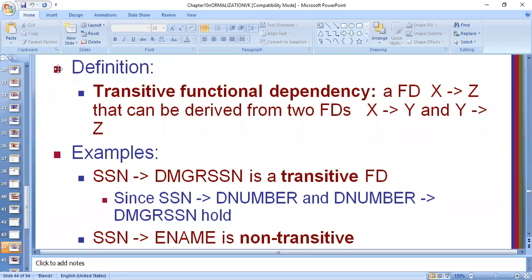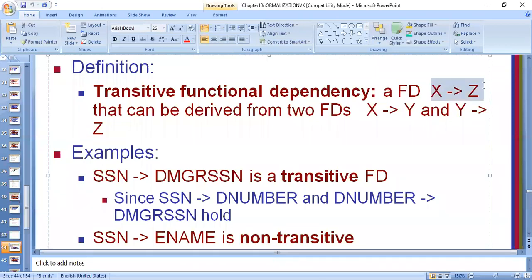Suppose a functional dependency X determines Z. When X determines Z, that can be derived from two functional dependencies: X determines Y and Y determines Z. That is why X determines Z. If such a dependency exists, then it is called a transitive functional dependency.